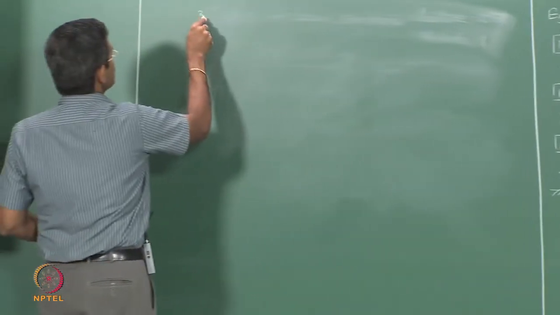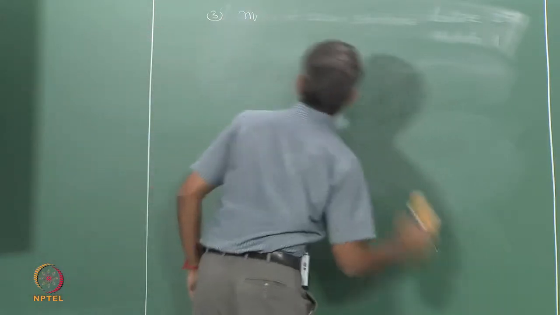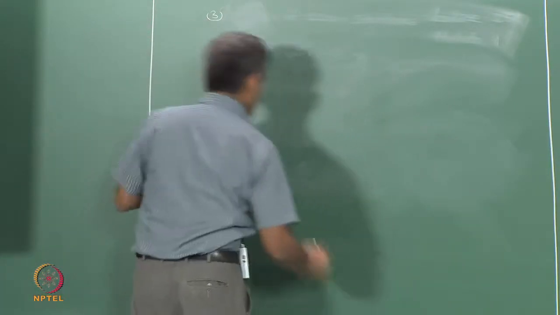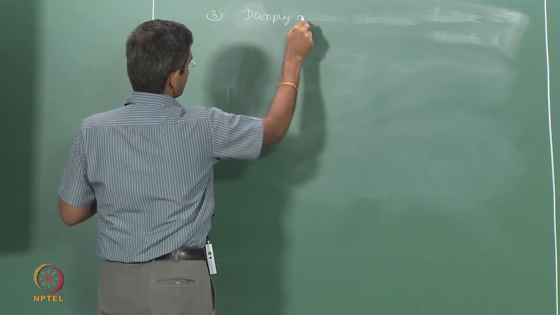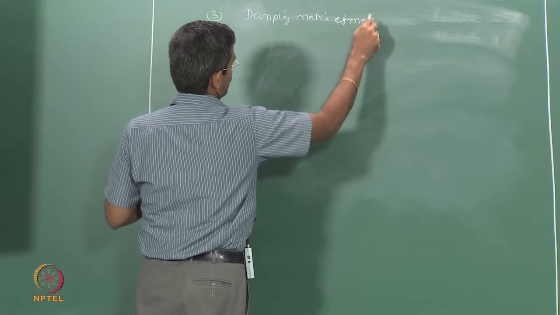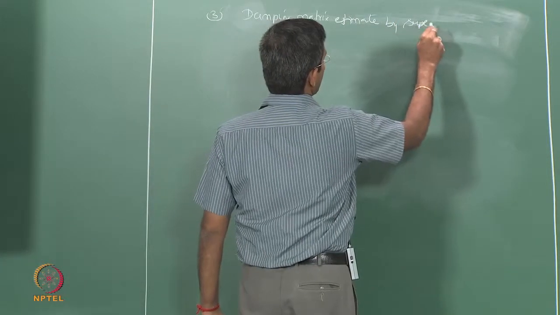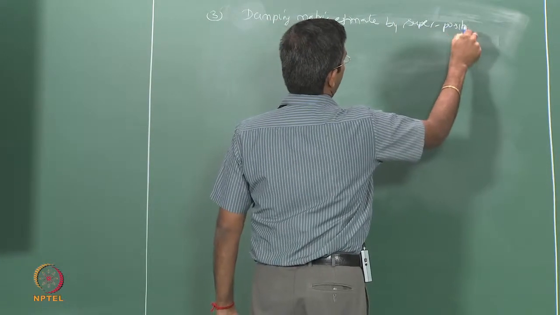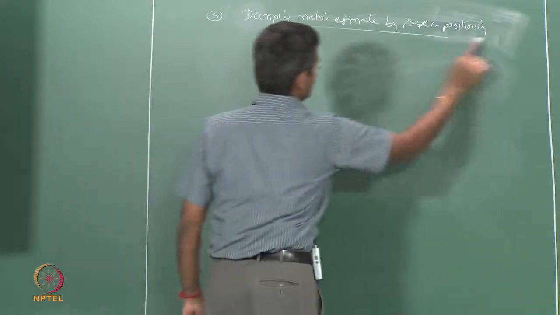So the third method is damping matrix estimate by modal superposition. We will try to see this method now.